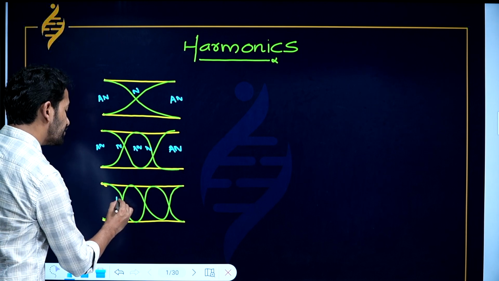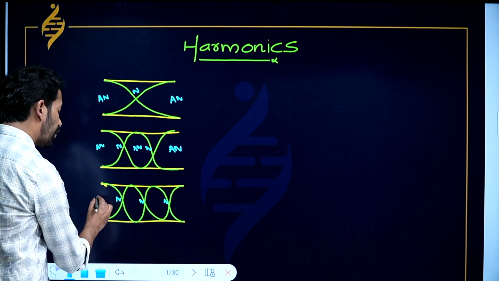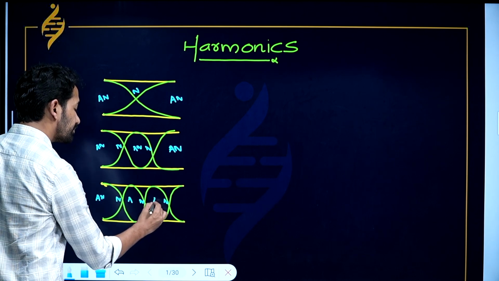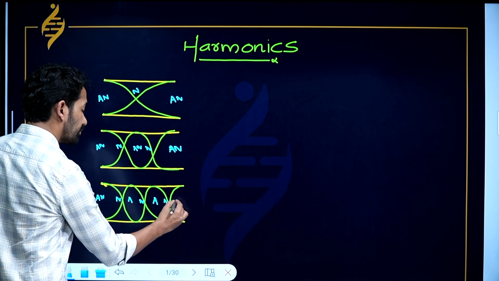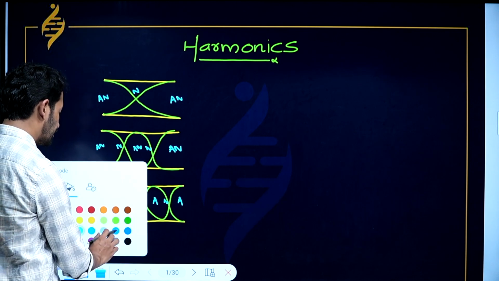Look how many nodes we are having: node, node, node. 3 nodes and 4 antinodes.